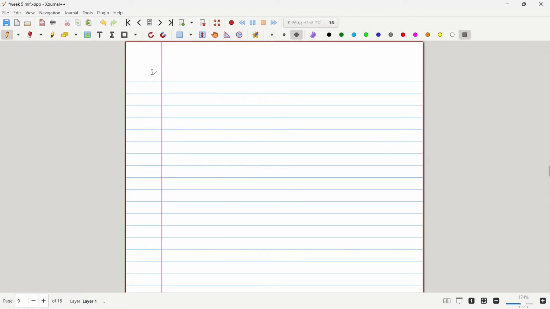Next property is that the eigenvalue of U has absolute value, which means mod of lambda is 1. Suppose Ux is equal to lambda x, and as we all know the length is unchanged.